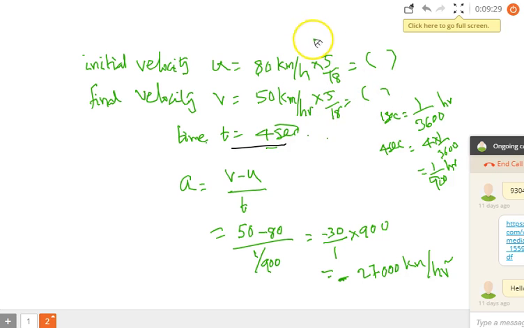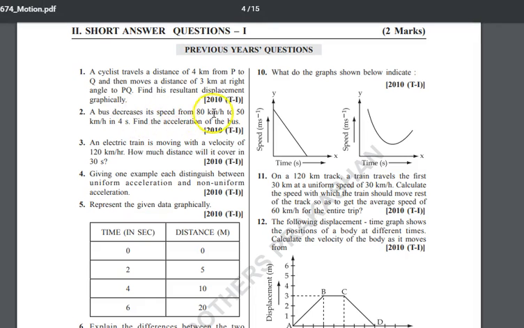That's the reason we convert seconds into hours and directly apply kilometers per hour square. They have not mentioned which units they need; you can see the question, they didn't ask anything. Acceleration of the bus. Some questions ask, find the acceleration of a bus in meters per second square or kilometer per hour square.